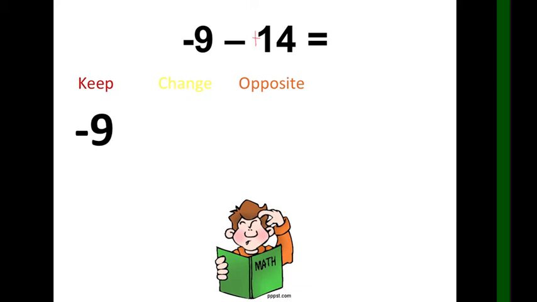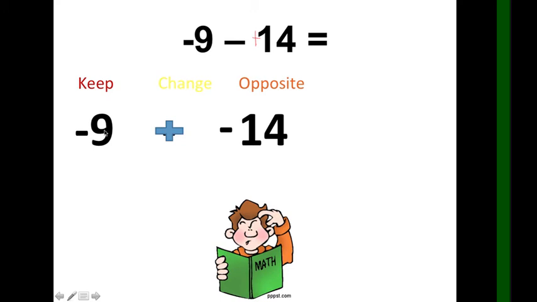We have negative 9, change minus to plus, then the opposite of positive 14. What is the opposite of positive 14? That's negative 14. So, since napalitan na natin to, and then we add negative 14 here, we can now add.